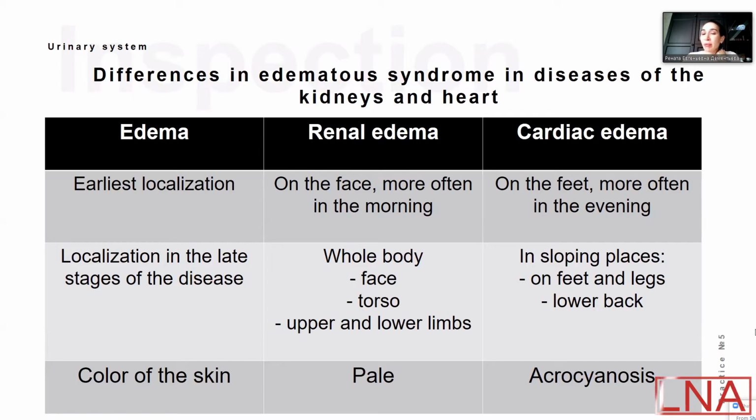Cardiac edema starts from the feet and can also spread, including hydrothorax and ascites. In both cases, it can be. Color of the skin: in renal edema it will be absolutely pale, with pallor. In cardiac edema, it's more associated with acrocyanosis, a sign of a patient with heart failure.